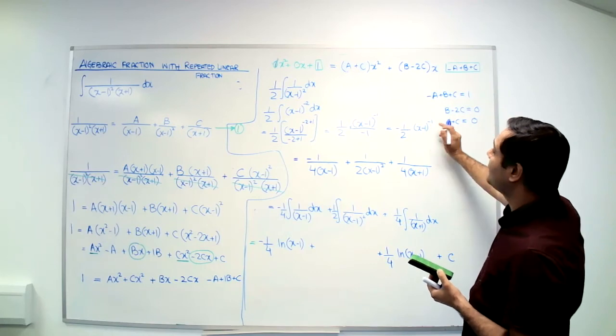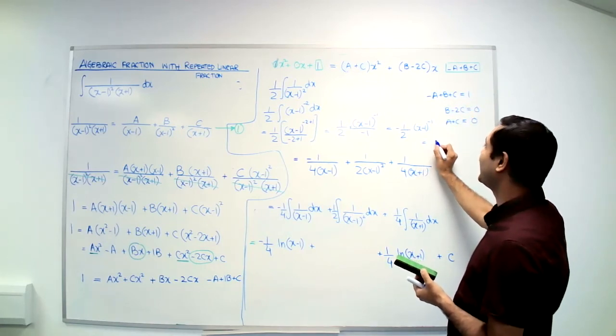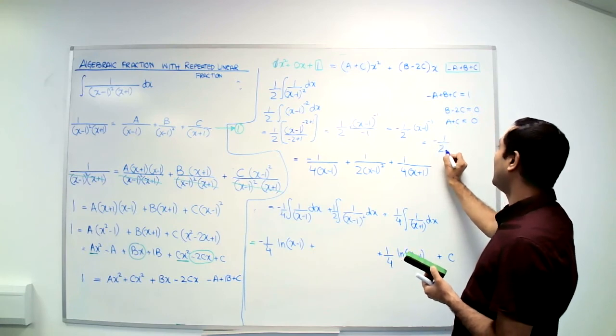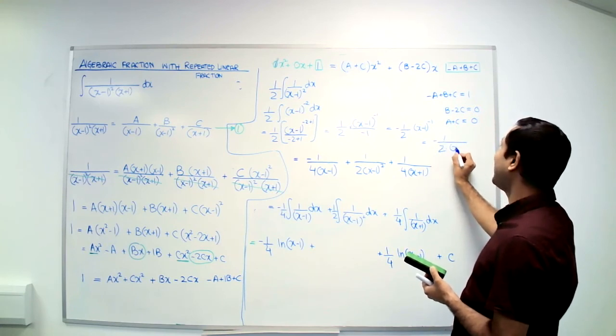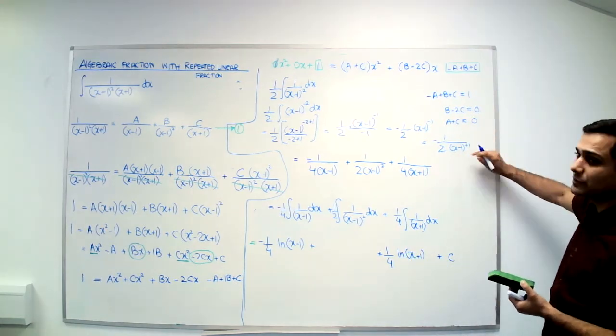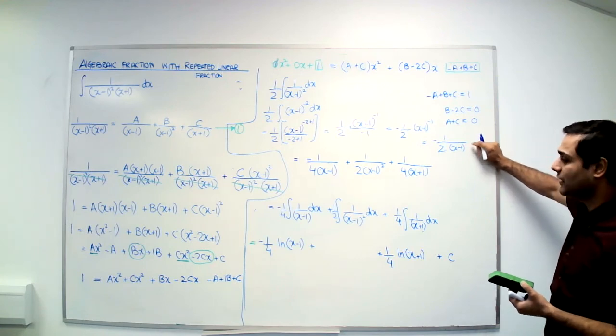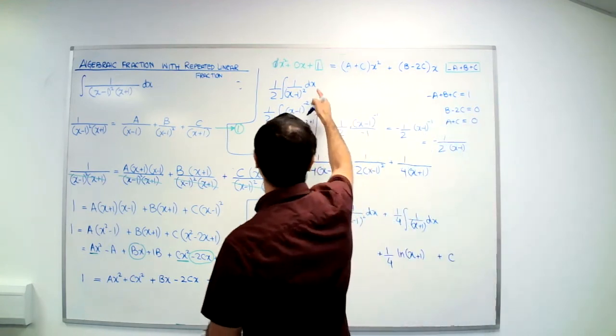Now this minus 1, we don't want to write it that way. You need to bring it down. When you bring it down, that becomes a half over x minus 1. We just write it like that. That's it, so this is the answer to that.